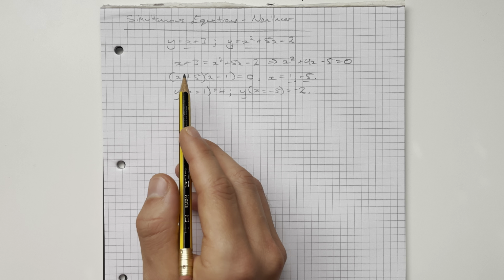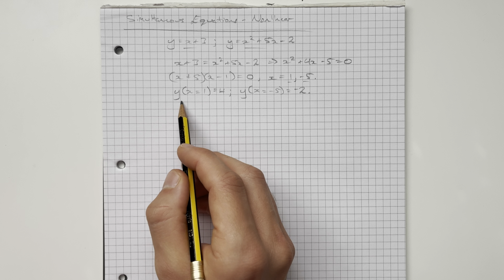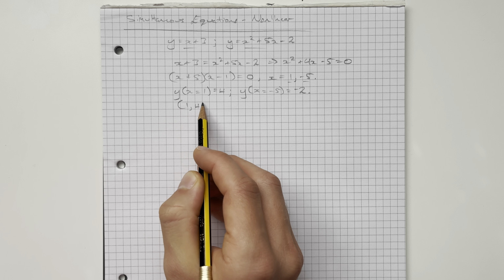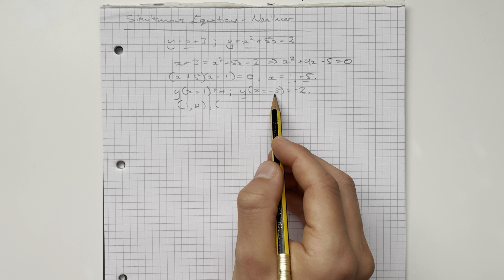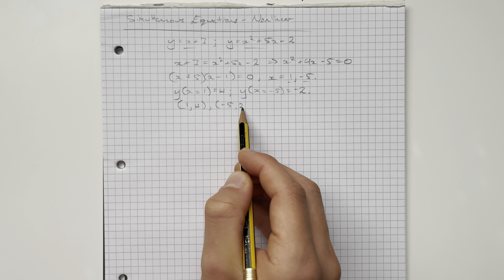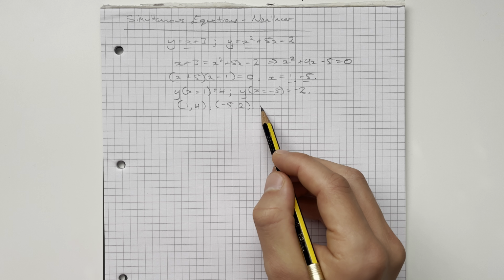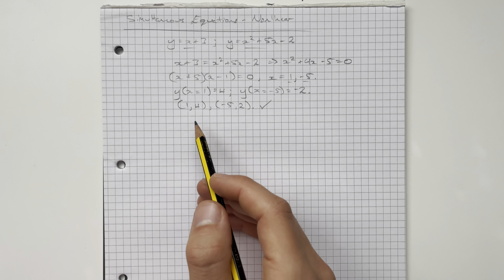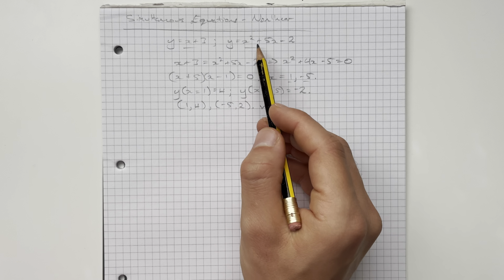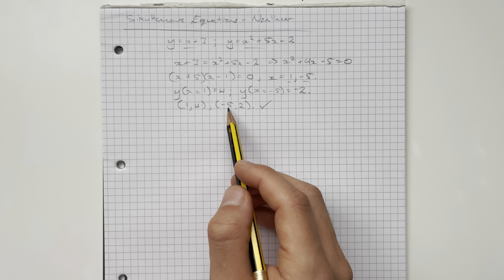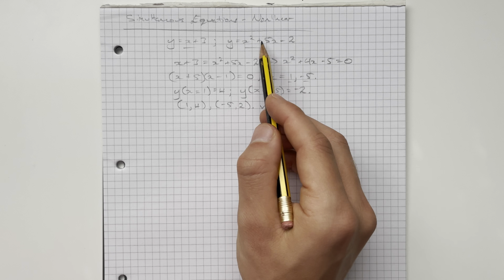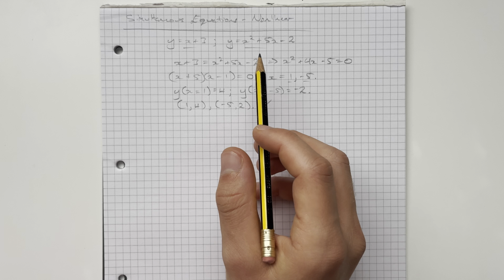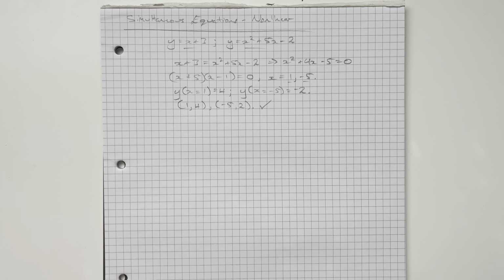So the solutions to our set of simultaneous equations are 1, 4, and also minus 5, minus 2. Beautiful. We can always verify this by taking the value for x, plugging it into the quadratic, and hoping we get 4 out. And the same for minus 5, plug it in, and hopefully we get minus 2 on the other side. If that happens on both equations, then it's definitely a correct solution.